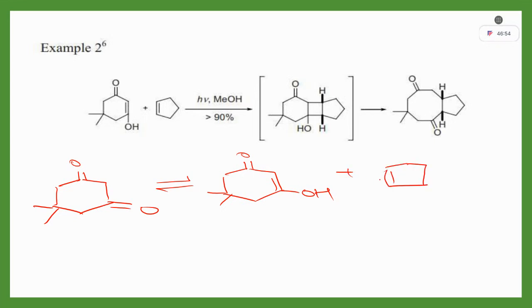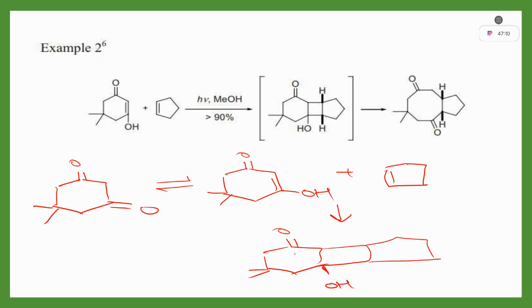You have to do 2 plus 2 cycloaddition basically. OH will be there as it is. Now nothing, just 2 plus 2 cycloaddition reaction. And it will result in formation of this OH enol basically.